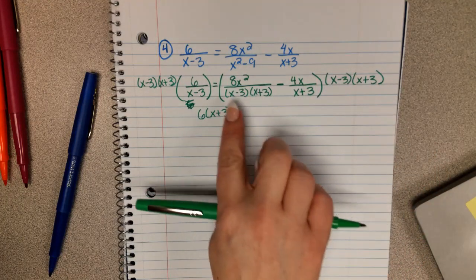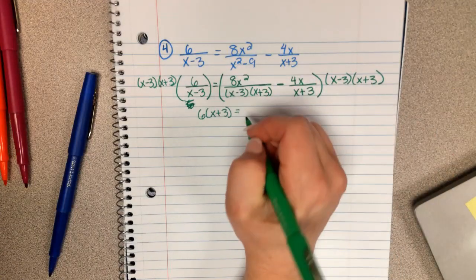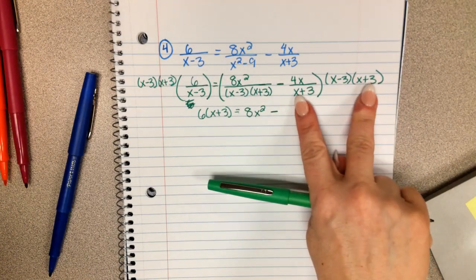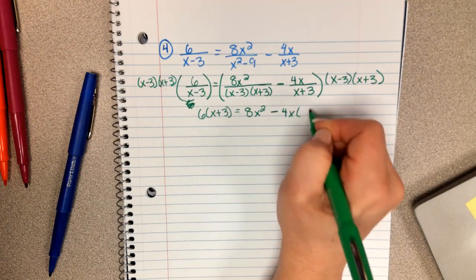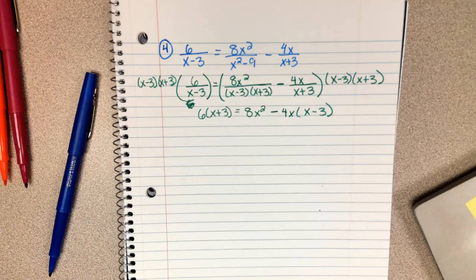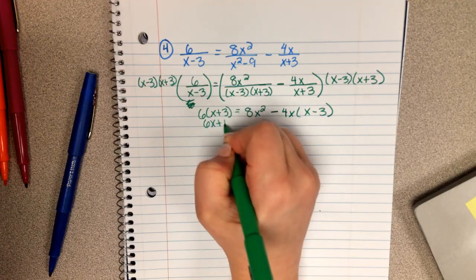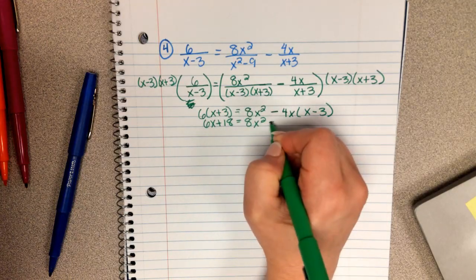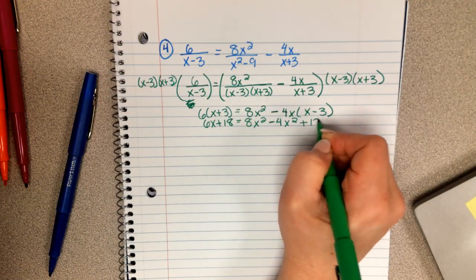These numerators and denominators cancel out, so I have just 8x squared for that first term, minus the x plus 3's cancel out, so I have 4x times x minus 3. Go ahead and distribute and solve. So that gives me 6x plus 18 equals 8x squared minus 4x squared plus 12x.